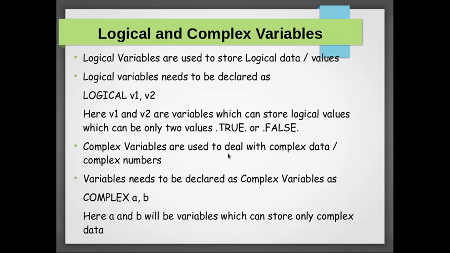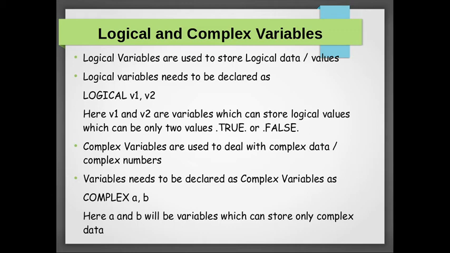What I can do is store it as the real part of the complex number and the imaginary part. In a Fortran constant, it's called a pair, within parentheses, A comma B. That simply means A is the real part and B is the imaginary part.